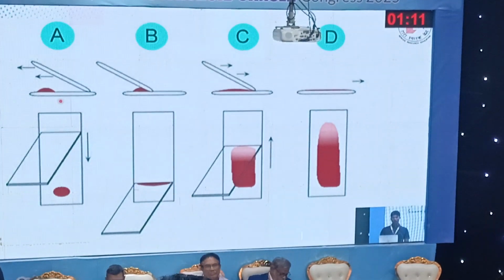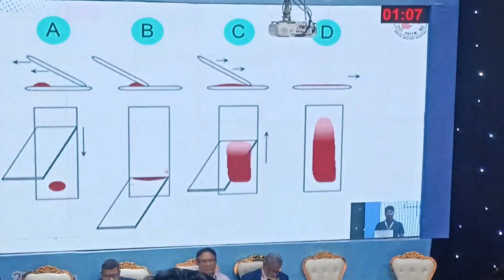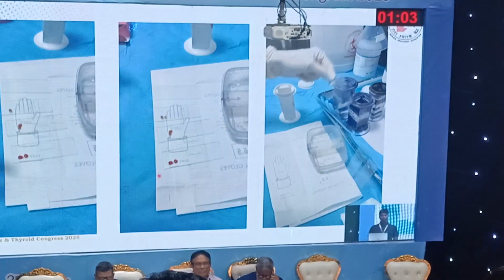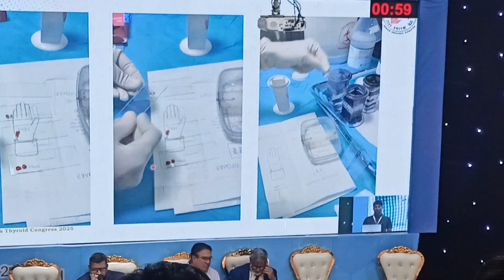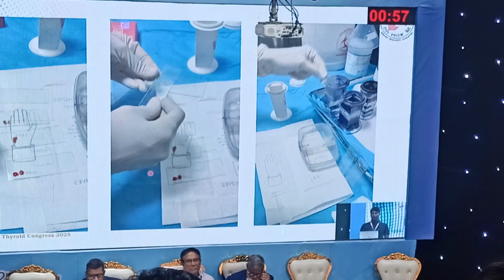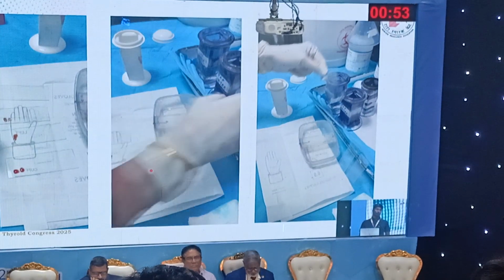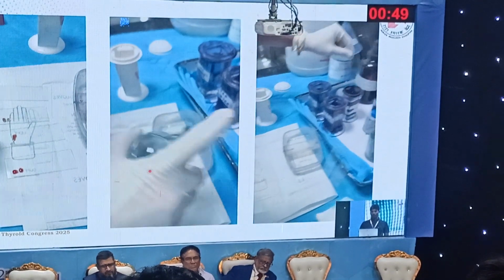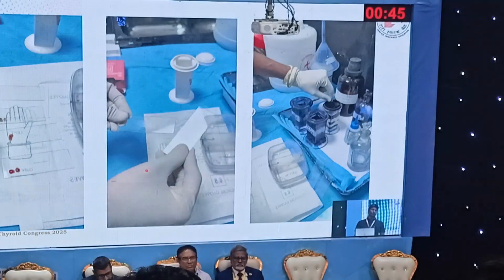And how we do the smear: we prepare the smear on site, and the cytologist will be there who prepares the smear and then fixes the smear. And there is one slide which is air dried, and one which is stained immediately, rapid staining, and seen under the microscope for the sample adequacy.